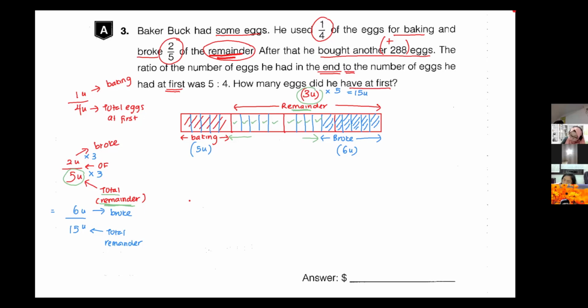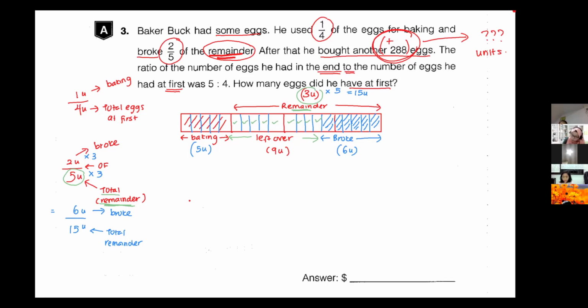We have to know that he bought 288 eggs. So I want to know that 288 eggs is how many units. This one will be my leftover, and it is 9 units. Now that leftover is not the units of 288 eggs. No, it is not. How do I find how many units is my 288 then?